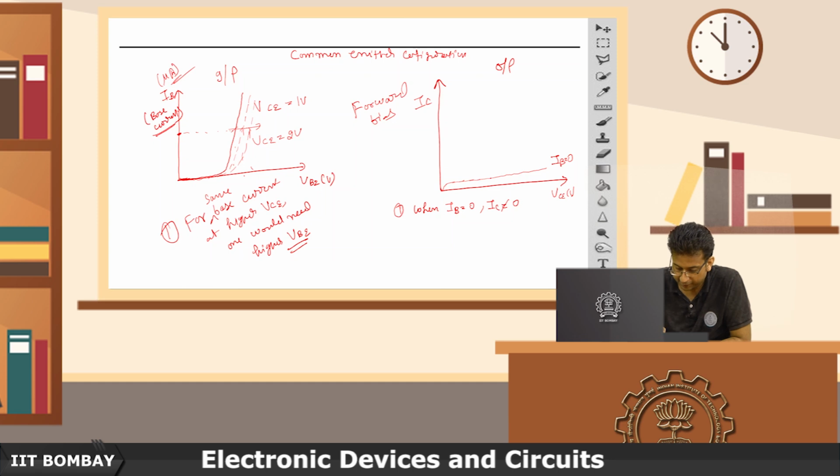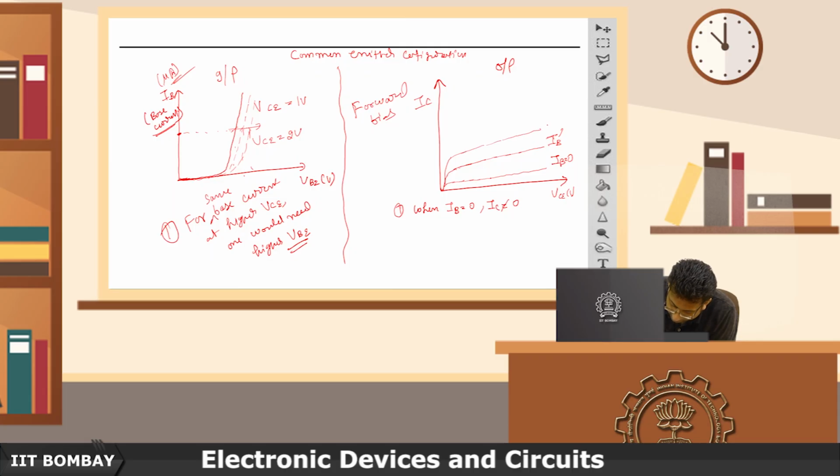And coming back to this output characteristics, what we observe is these IC versus VCE curves for different IBs are not linear. Okay, they are not linear.